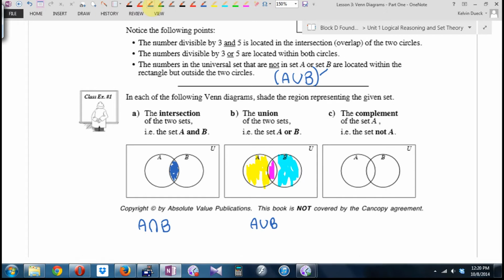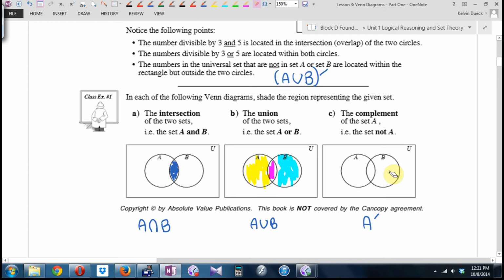C, the complement of the set A. What would I shade in? So you ready? Would I shade here? Would I shade here? Would I shade here? Yes. Does that belong to A?